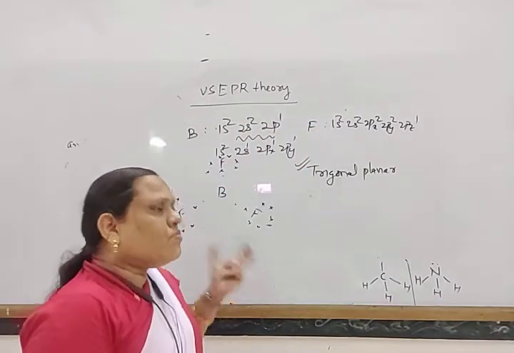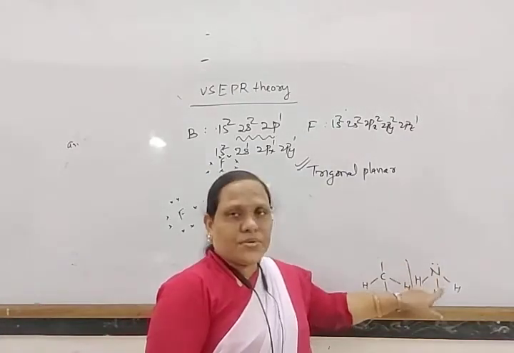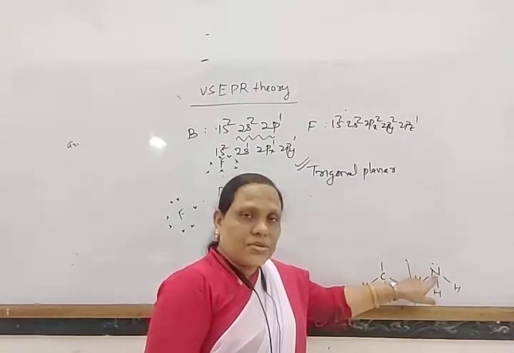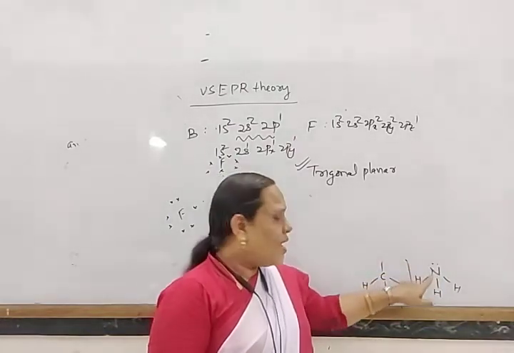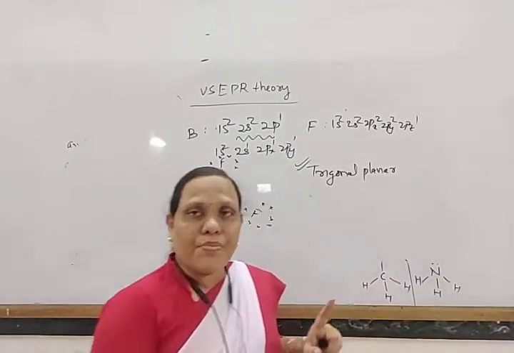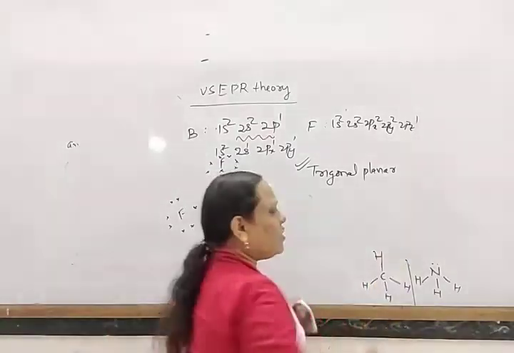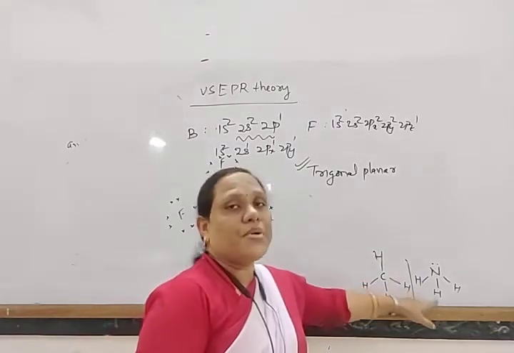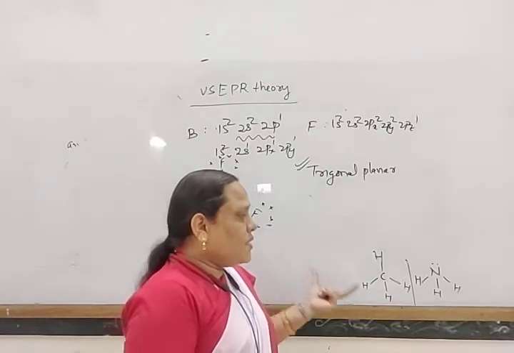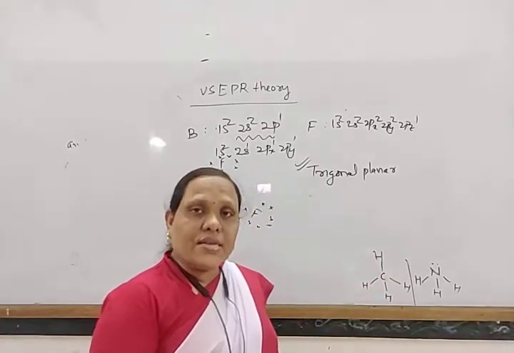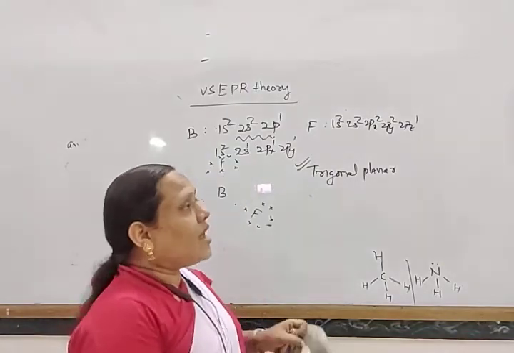If any molecule is surrounded by 4 pairs of electrons, like nitrogen, with one lone pair and 3 bond pairs, then it does not have the regular tetrahedral structure. It has a different geometry, that is pyramidal geometry. How the electron pairs determine the geometry will be given by a chart. So note down or mark this chart.